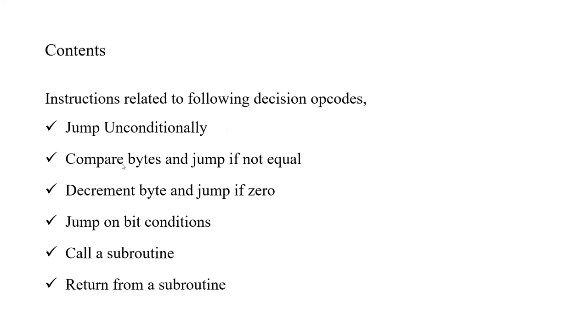We'll study compare bytes and jump if not equal, and also decrement byte and jump if 0, jump on bit conditions, call a subroutine, and return from a subroutine. As part of the branch instructions, we will study these subtopics.